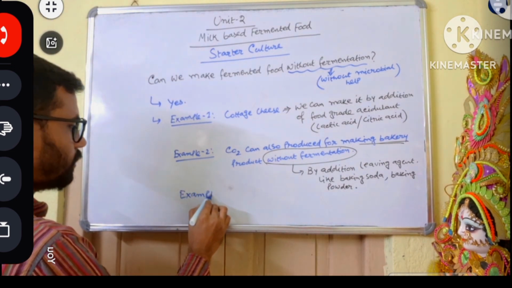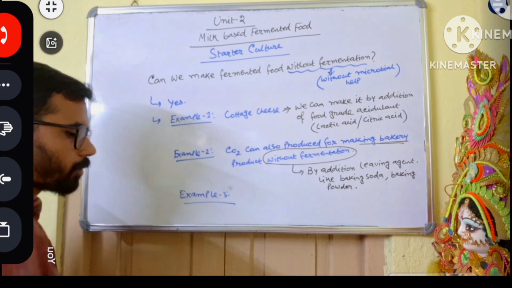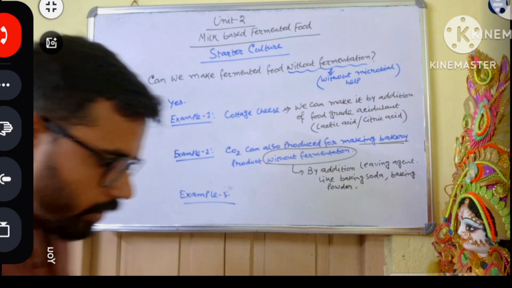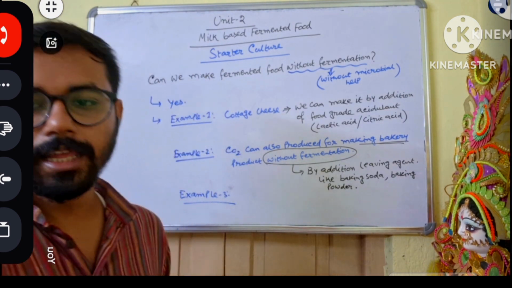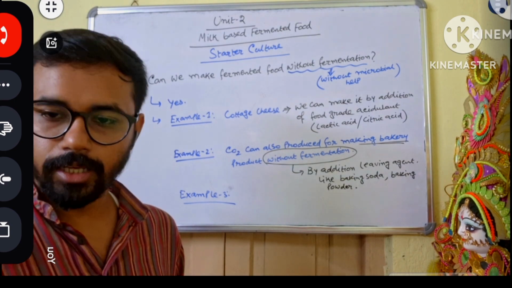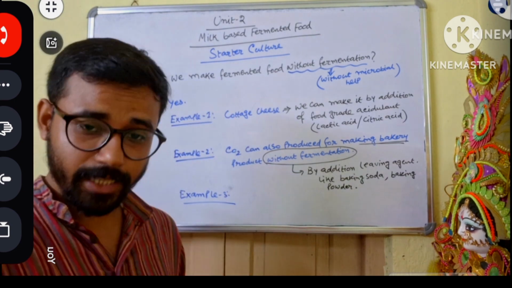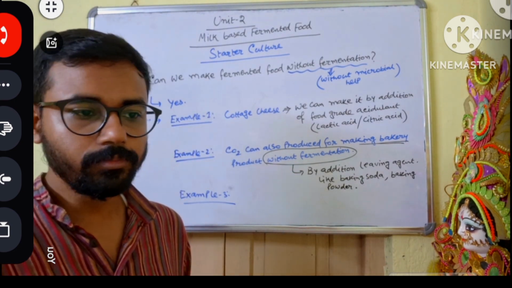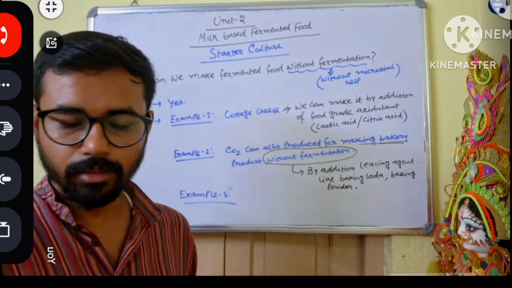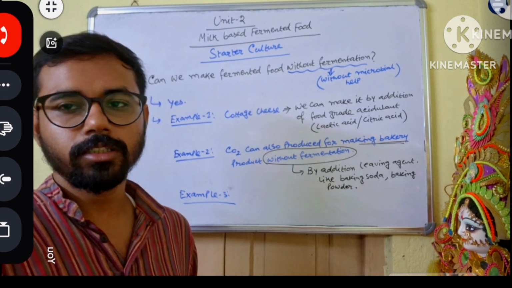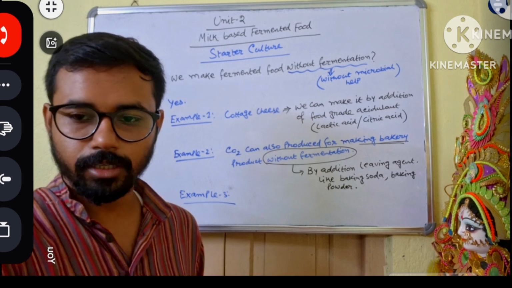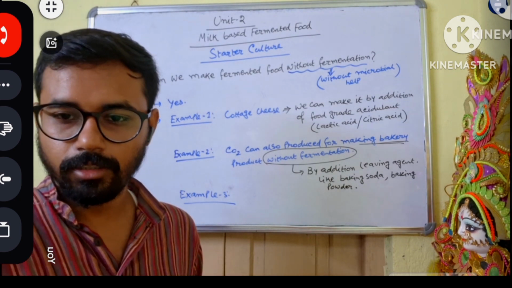Nowadays, example number 3, soya sauce production is also done chemically in the laboratory. Soya sauce is a complex fermentation product of the vegetable soybean, but nowadays soya sauce is produced chemically in the laboratory, as well as vinegar.